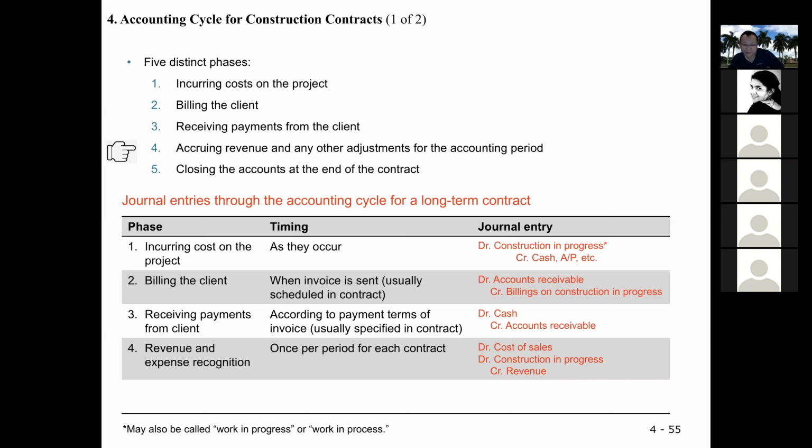Now my question is, you have two entries here. Over the years, you debit construction in progress, credit cash or AP. Here, you debit construction in progress. What is the total balance of the construction in progress at the end of the contract upon completion? 10 million, because that's how much it's worth.